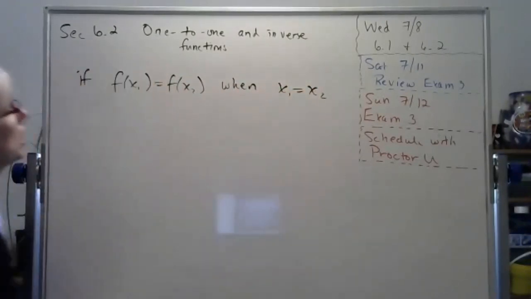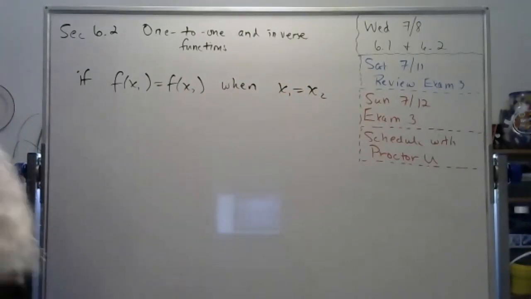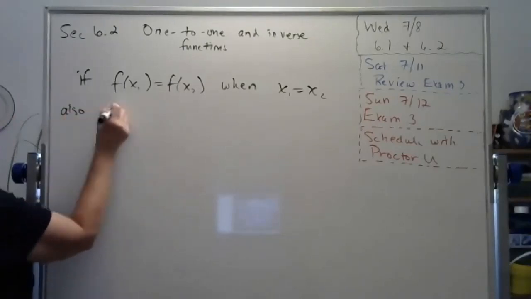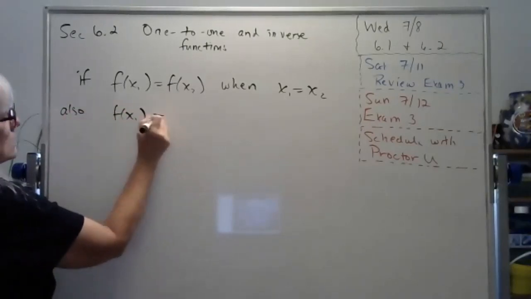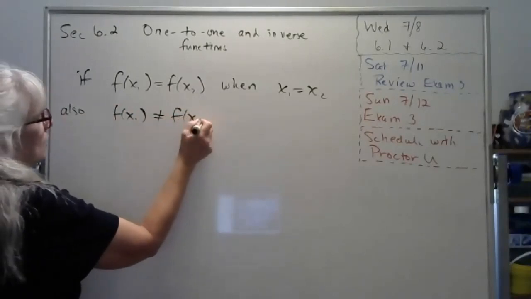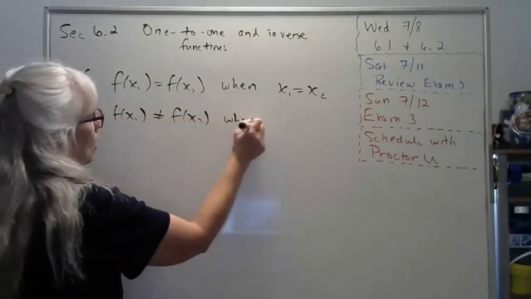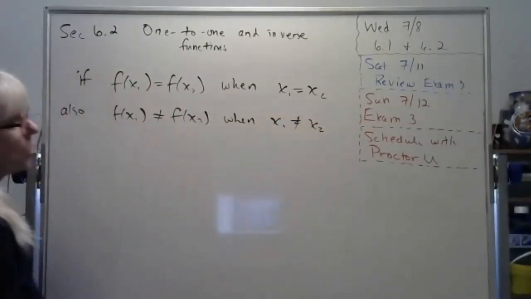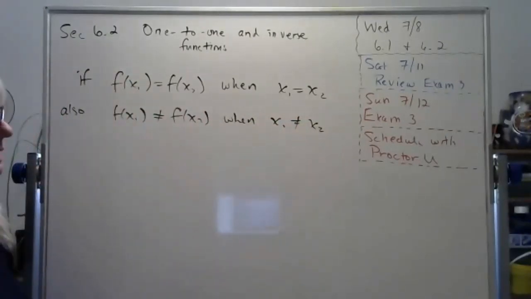Okay, well that's interesting, but what the heck does that tell me? More importantly, what it really means is that it means also f of x1 does not equal f of x2 when x1 does not equal x2. So that's the math part of this. Okay, that really doesn't help us too much.